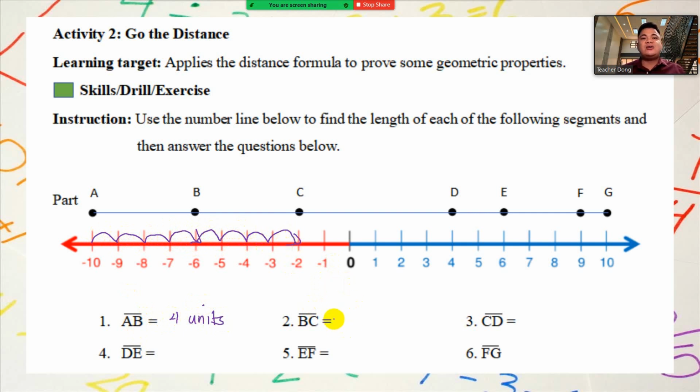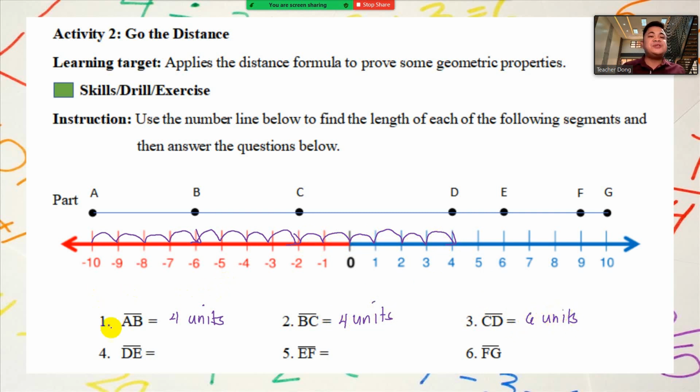So the answer here is 4 units as well. Can you follow? And then for number 3, segment CD. From point C, you will count 1, 2, 3, 4, 5, 6. So we have 6 units. So the distance between point C and point D is 6 units.